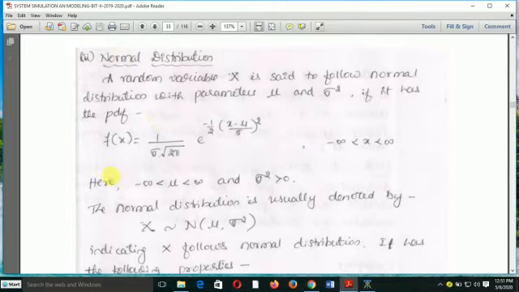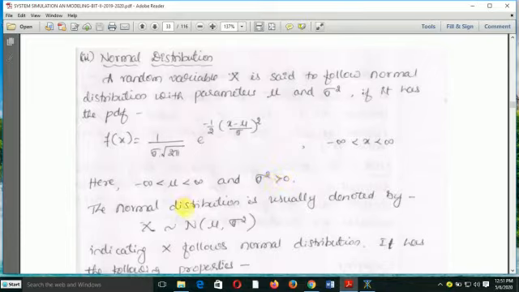Here minus infinity must be less than the mean, and the mean less than infinity, and the variance must be greater than 0.